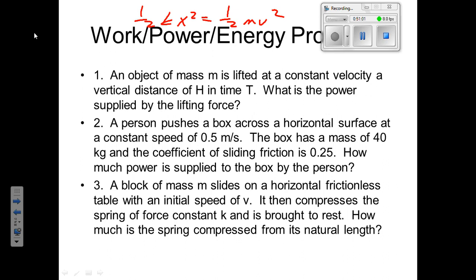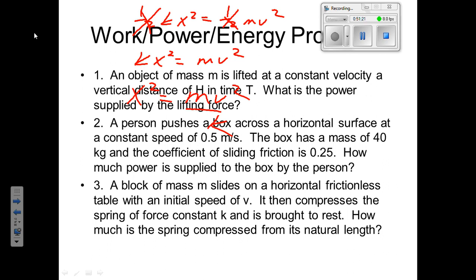What's the kinetic energy of anything? 1/2 mv squared. Solve for x. The halves cancel out, so we've got kx squared equals mv squared. We're trying to solve for x, so let's divide both sides by k. That gives us x squared equals mv squared over k.